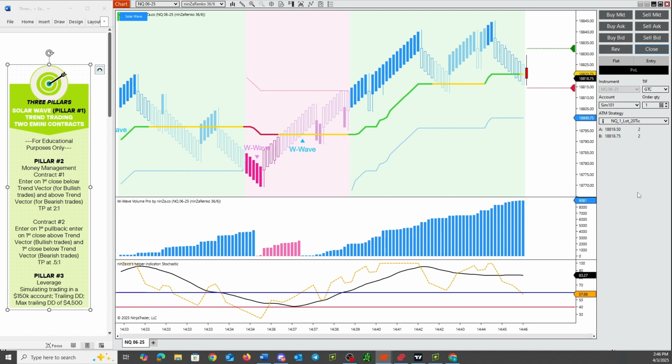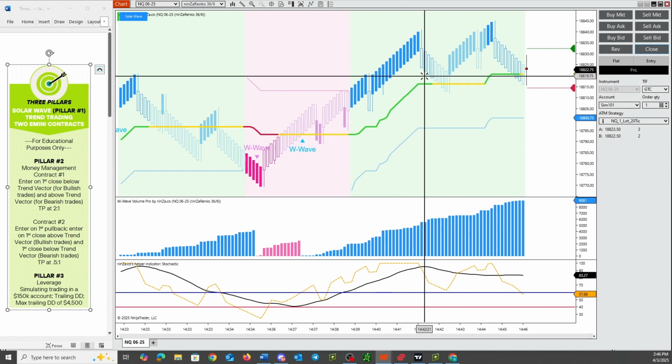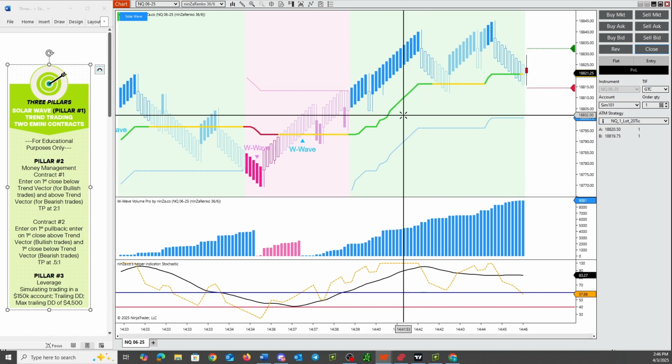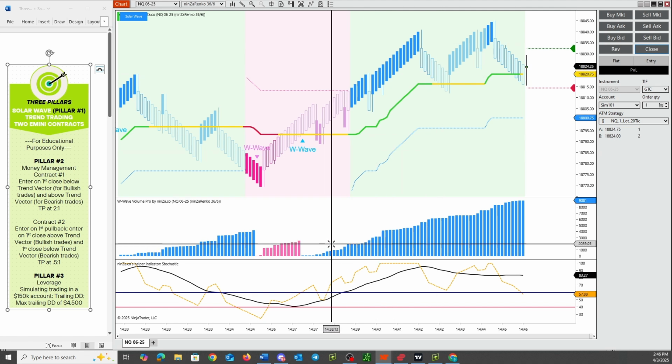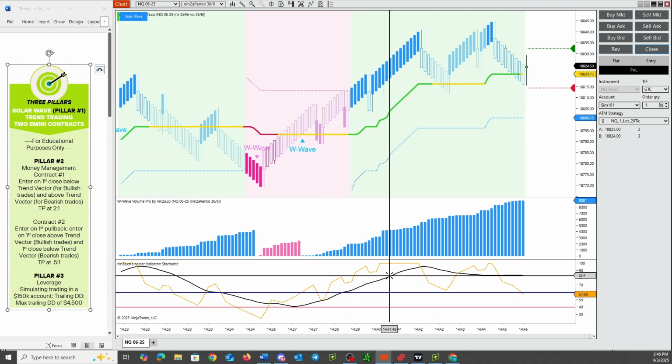Yeah, hey Carlos. At the opening I went over all this right here. So this is a stochastic configured into a trend model. All of this is confirmation. You've got the solar wave, the W wave, and the stochastics.